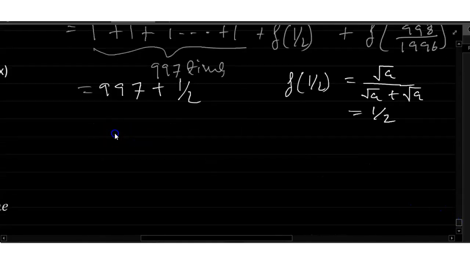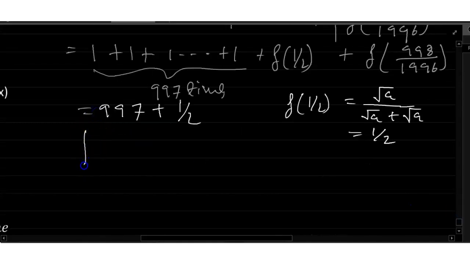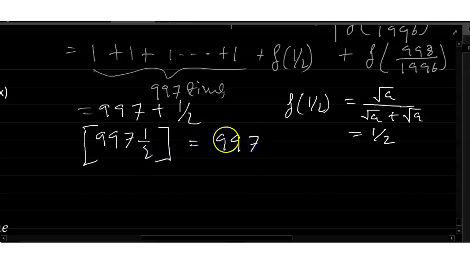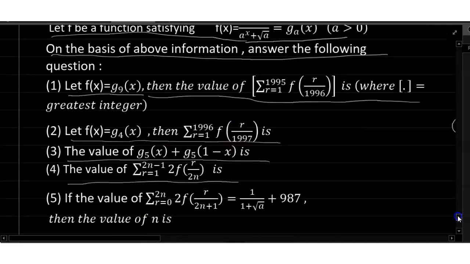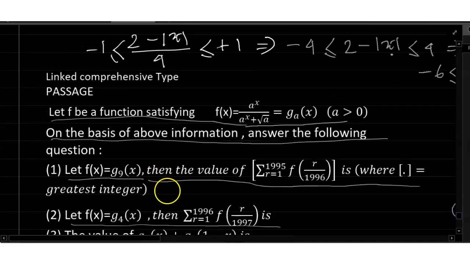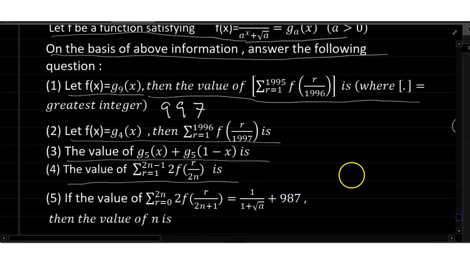This way we can get it. So friends, the value is 997 and a half. So my answer, the first answer, is 997. Now we move to the second answer.